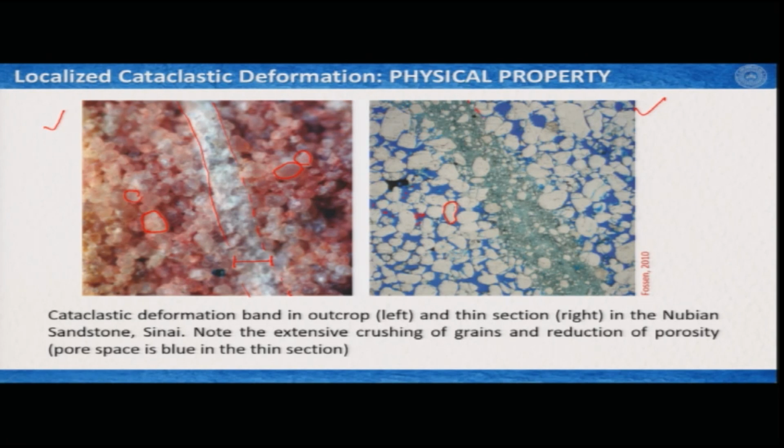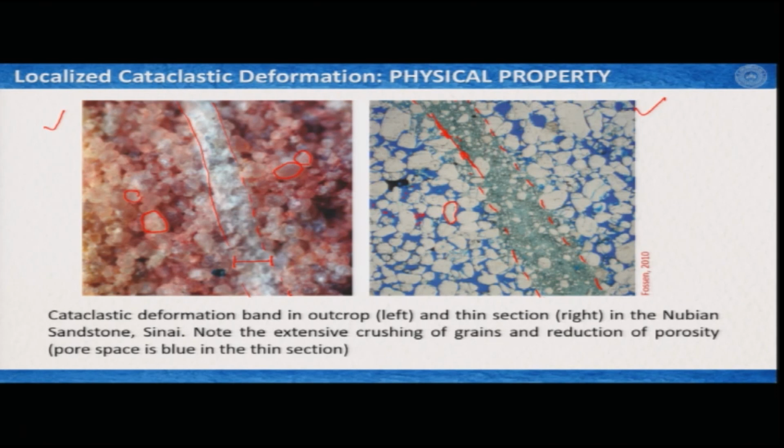that within these zones the grains are crushed, they are highly pulverized, grain size got reduced and porosity is also extremely less. This is a very interesting area where you can see that probably it was like this, it just got cut from here because of the shearing deformation.